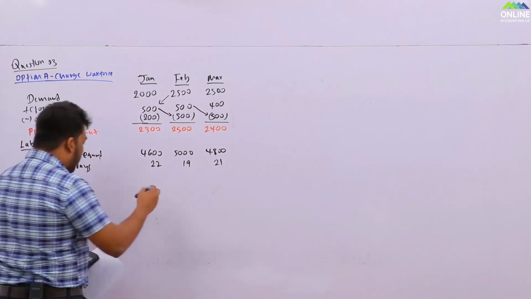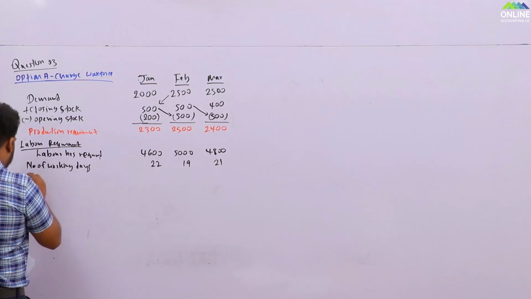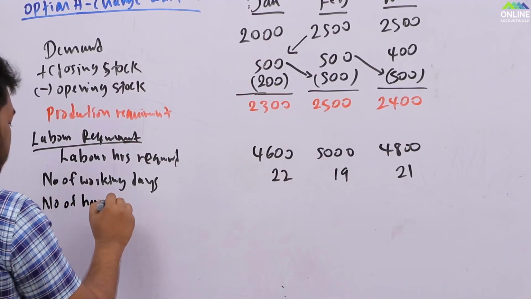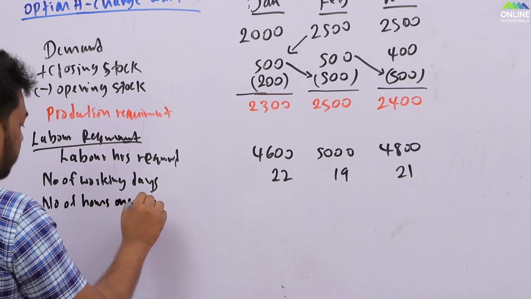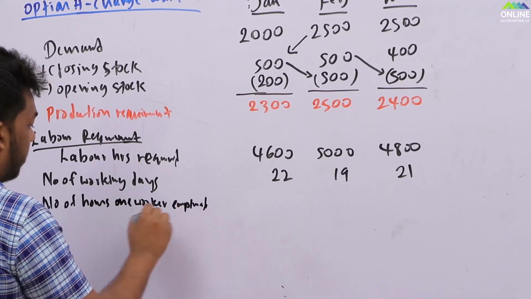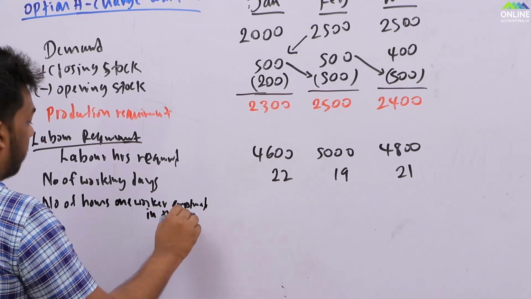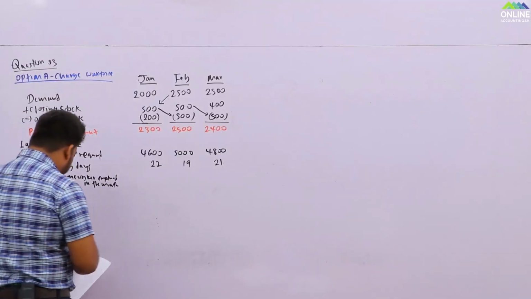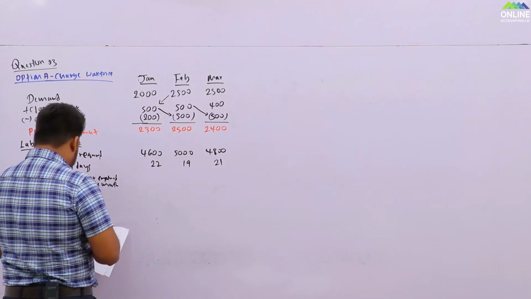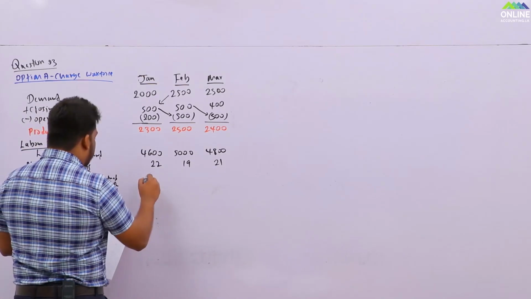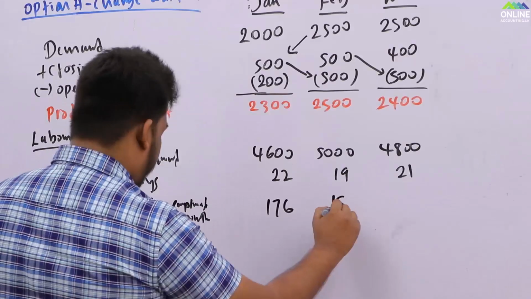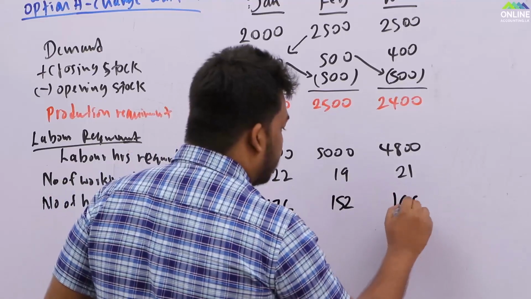So number of hours one worker employed in the month: 22 into 8, that is 176. 19 into 8, that is 152, and the next one is 168.